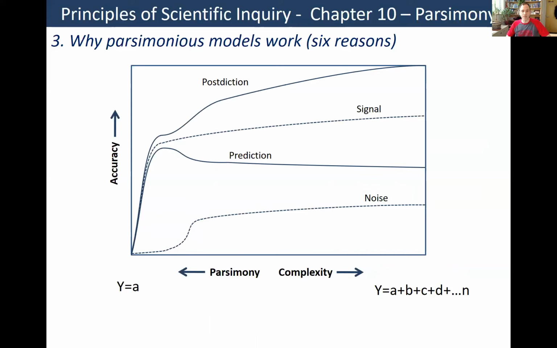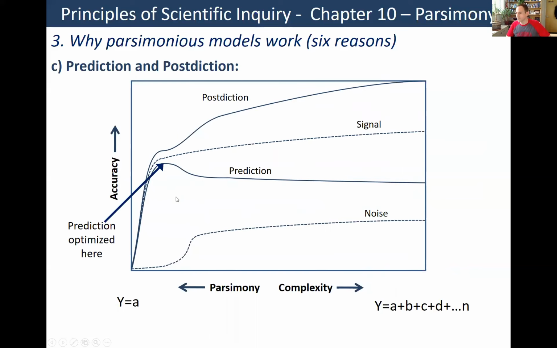So early on, the model is picking up signal, even for post-diction, but then it starts to pick up more and more noise over here, and the ratio of signal to noise in the model gets lower. Okay. So models are optimized here at this little bump, right?